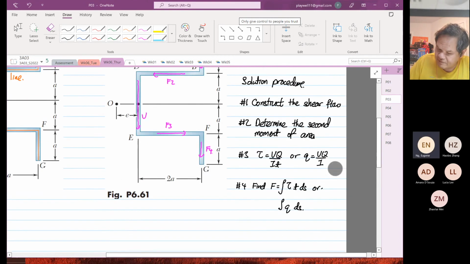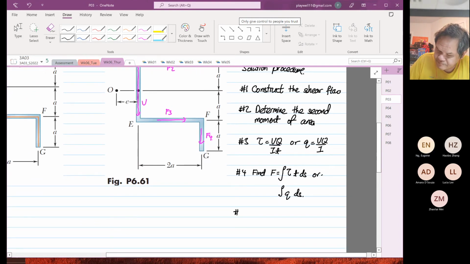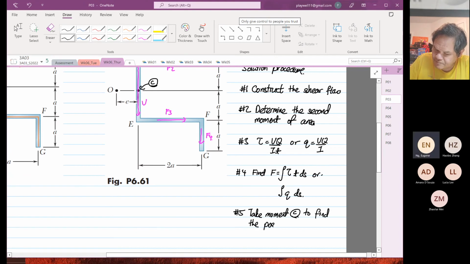Then after that, number 5, we're going to take moment at point C. I'm going to declare this point over here as my point C, to find the position of the shear center.